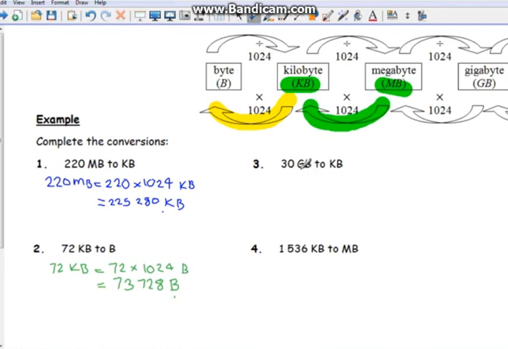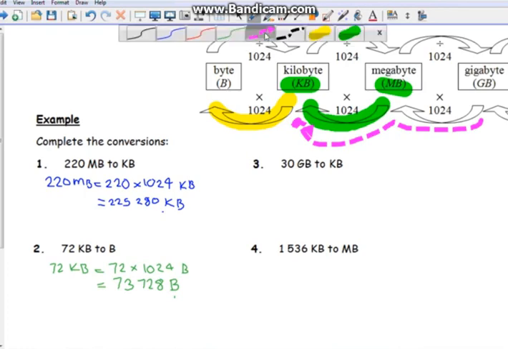Now starting at 30 gigs and going to kilobytes. So here we are going to start at gigabytes and we're going all the way to kilobytes. So it's two steps, two arrows that we are following. So it just means that we need to do it twice.